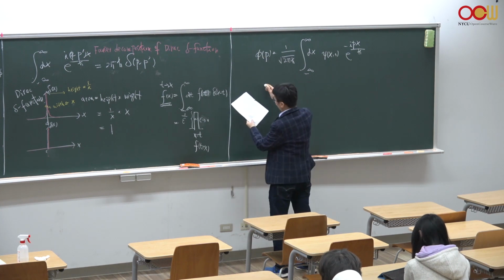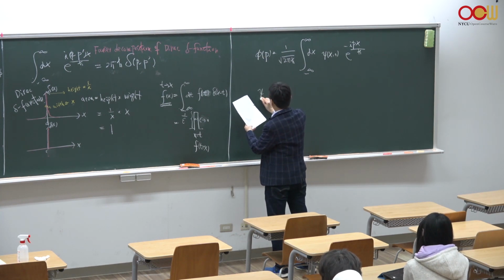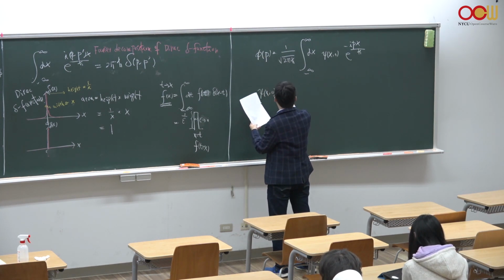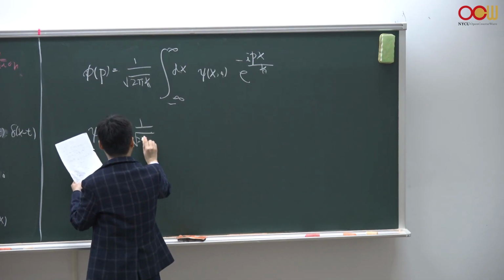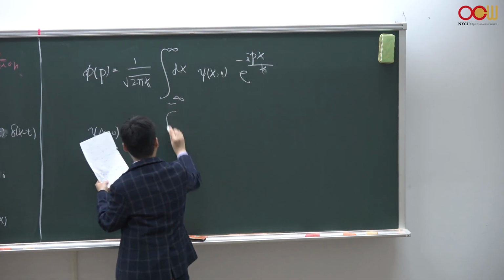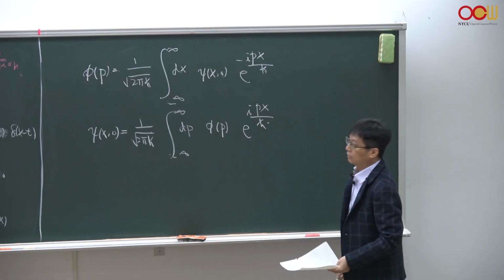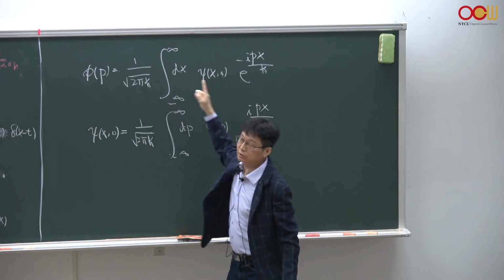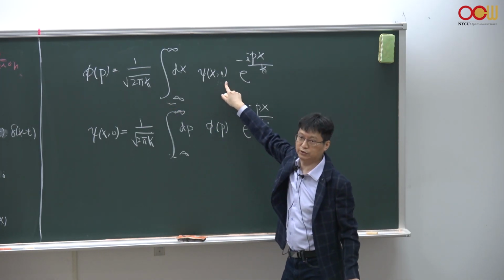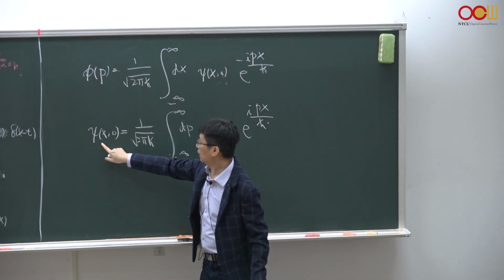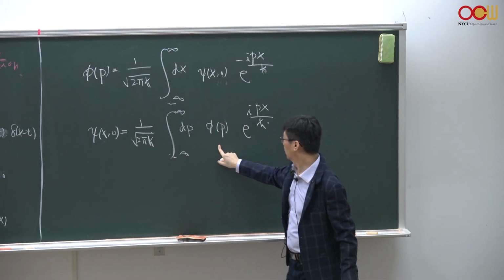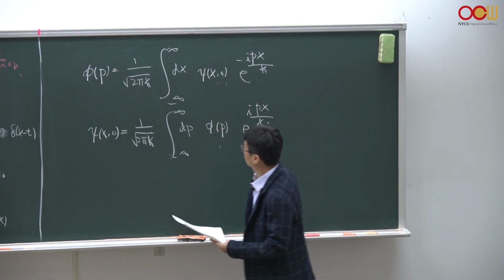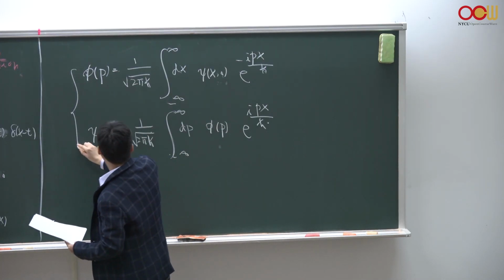Now you can write down these two integrals side by side and recognize the symmetry between them. Phi of p is a Fourier integral for psi of x, and psi of x is a Fourier integral over phi of p. Let me write down this Fourier transformation.